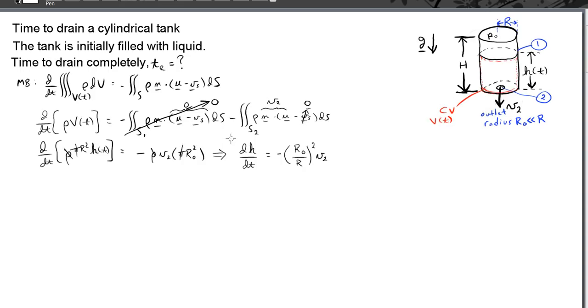We have now a differential equation that tells us how fast the height of the liquid level changes, and it depends on, obviously, how rapidly the fluid is exiting the hole on the bottom of the tank. The next thing we have to do is figure out what is V2.